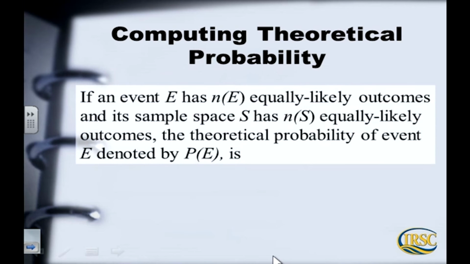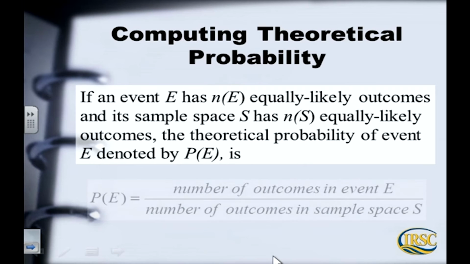So one example, the formula. If an event E has N of E, notice that this is some notation from Chapter 2. N of E was the cardinal number, or the number of ways E can happen. It has N of E equally likely outcomes, and its sample space has so many equally likely outcomes also.